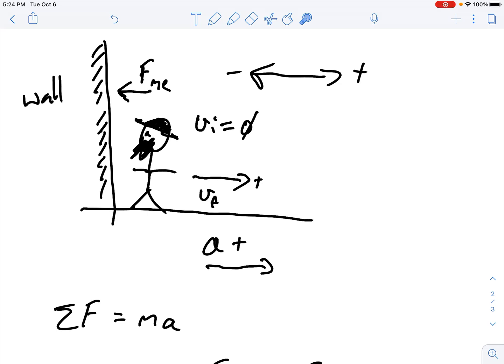So the wall's reacting. It's not just going to, out of nowhere, shove me away. It's reacting to me pushing. So I am involved in this somehow. But technically speaking, it is the wall that applies the force that causes me to accelerate away.